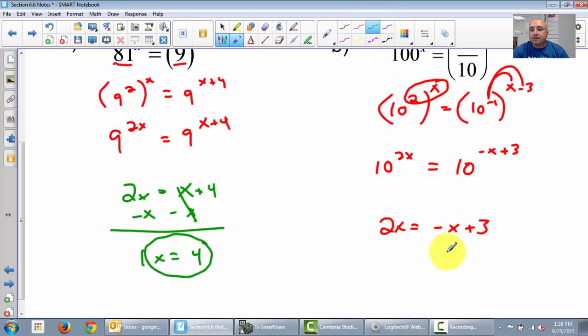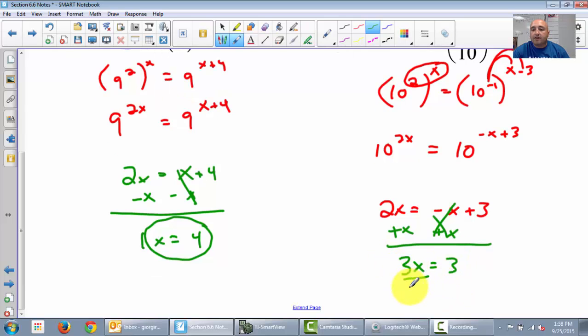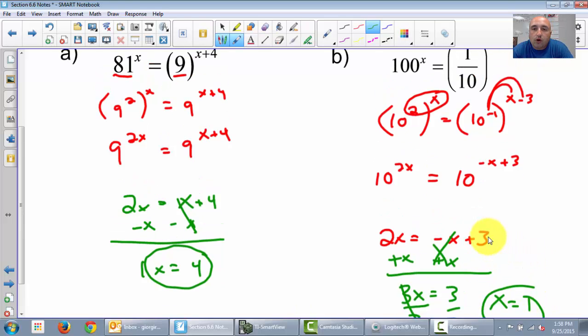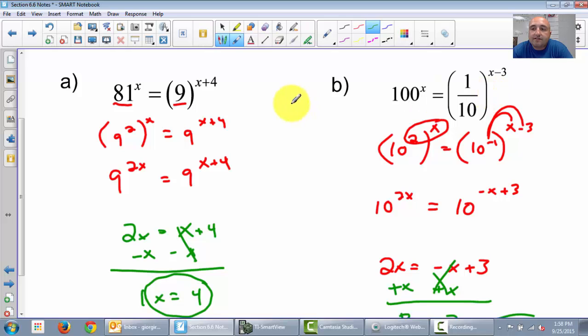Now we're going to solve this. I'm going to add x, so now I have 3x equals 3, and I can divide by 3, so x is equal to 1. Our goal is to get the same base on both sides and then set the exponents equal to each other.